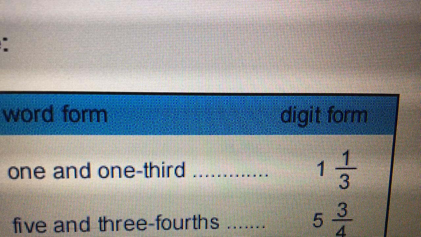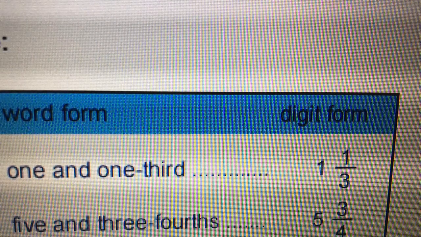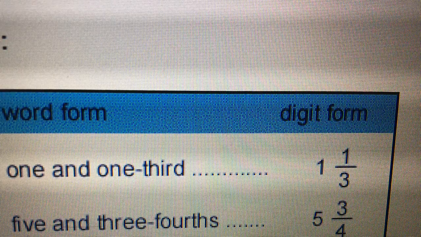Reminder, a whole number is a number that is 1 or more, like 1, 2, 3, 4, and a mixed number is a whole number and a fraction. Let's take a look at this example in word form and digit form.